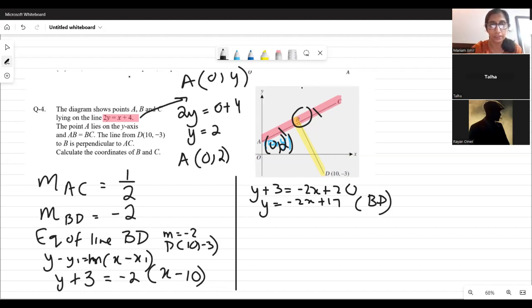So this is BD, and then what was AC? That was 2y equals x plus 4. This is AC. Okay.